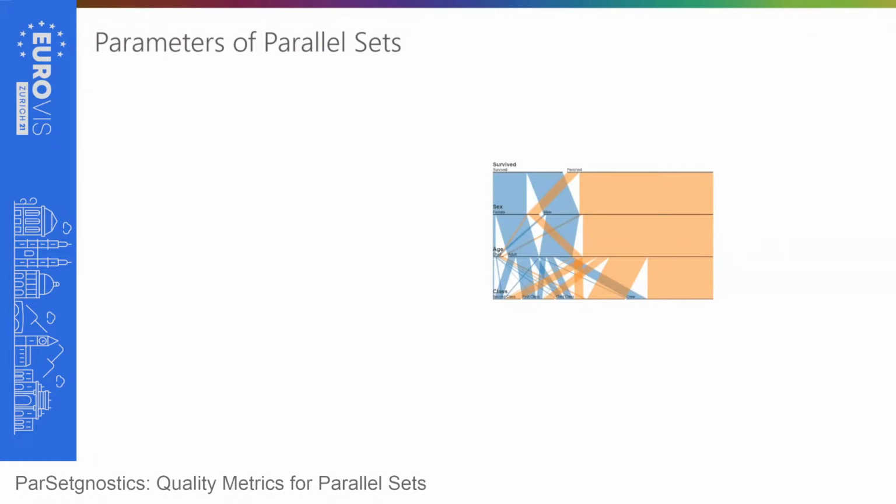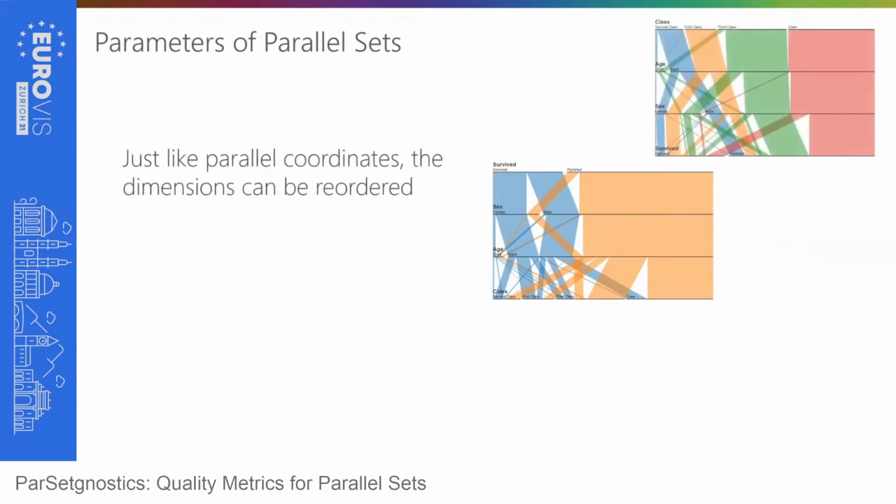In the interest of time, I want to cover the 2 parameters that are most important for our work. Firstly, the dimensions can be reordered, just like parallel coordinates. In this example, we can see that the reordering of dimension axes has a dramatic effect on the appearance and readability. This results from an increase in the number of subsets early in the flow.